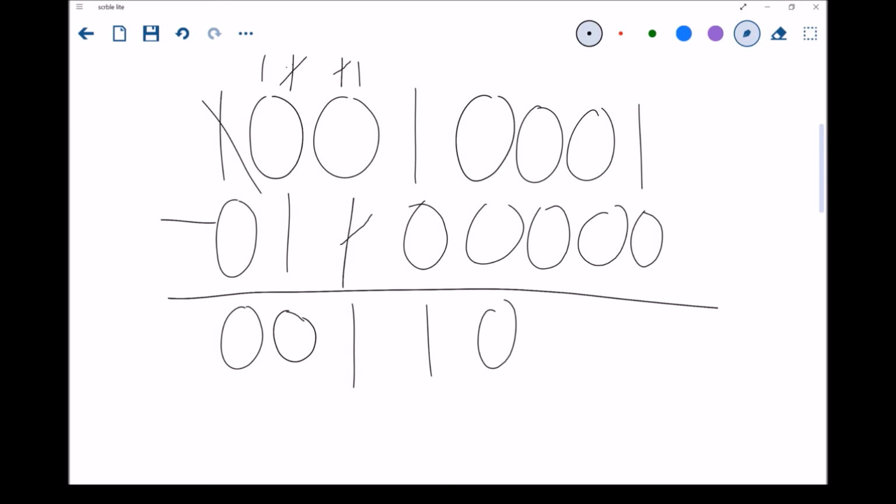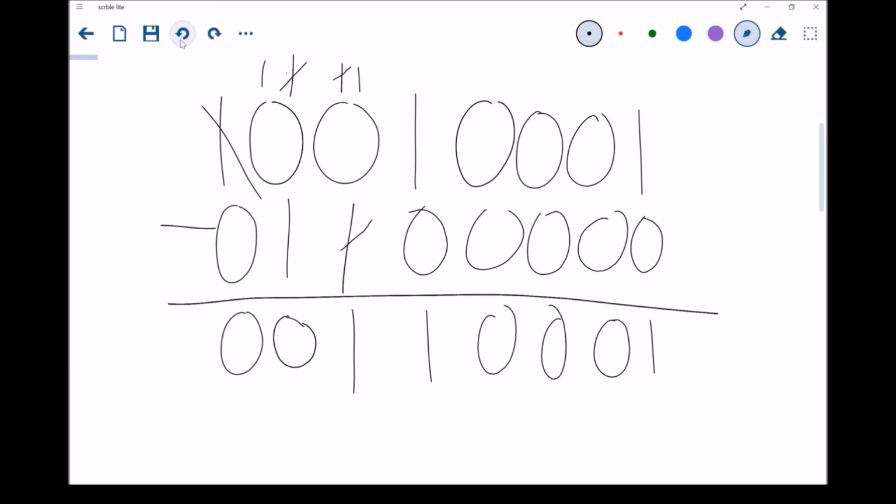We have a 1, 0, 0, 0, 1. So our number 1, 0, 0, 1, 0, 0, 0, 1 equals 145 in decimal. And then our next number, 0, 1, 1, 0, 0, 0, 0, 0 equals 96 in decimal.